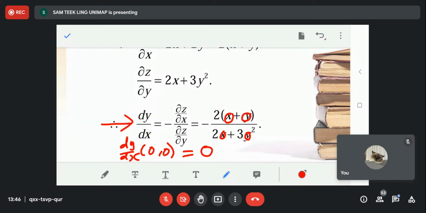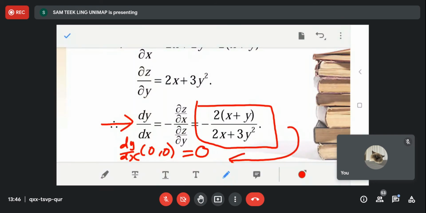This is the meaning. You must show this before going to the final one: this is your dy/dx in variables x and y, then this is dy/dx with your variables x and y replaced by 0, 0.